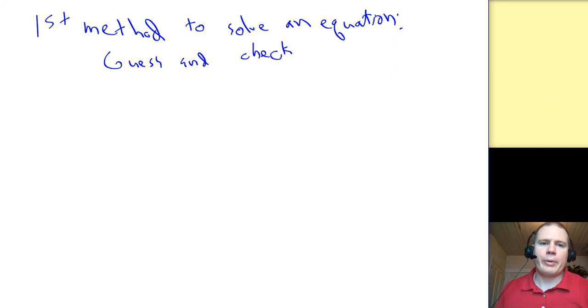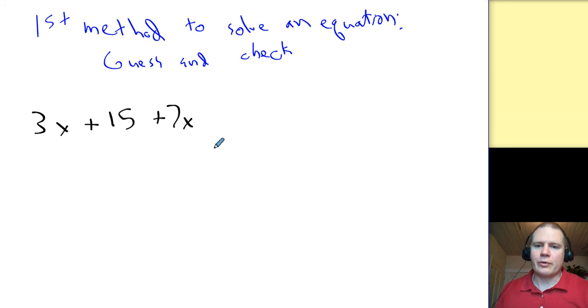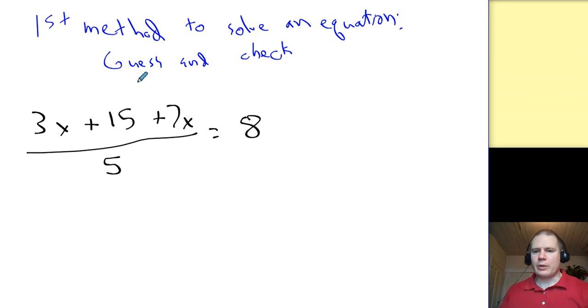If we go back to our original statement, 3x plus 15 plus 7x divided by 5, I'm not just going to say, well, maybe x is 2. Well, maybe x is negative 14. Maybe x is 100.2. I could spend all day making guesses. That's not going to get me anywhere.